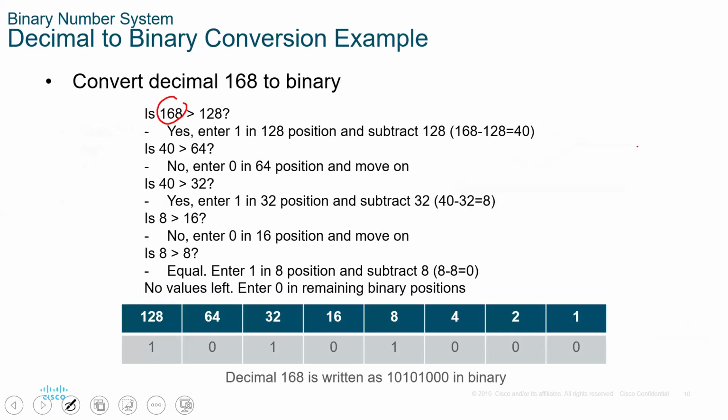So we say if it is yes, enter 1 in the 128 position. So here, this is the 128 position, so I just record 1. And then I will subtract 128 once from the 168, which is the main value that I want to convert. If I do the minus, I will get my answer as 40. Then I will carry this 40 and go to the next step.